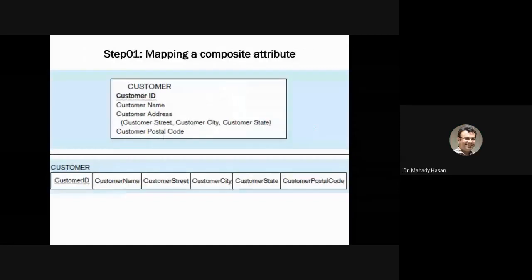Now, I think Khadija was saying customer name is composite, but here they have shown customer address as composite, right? Yes, sir. So what has been done here? Can anyone narrate this situation for me?